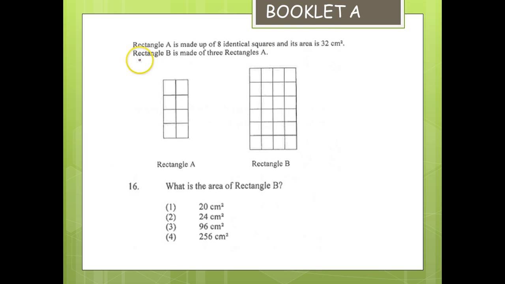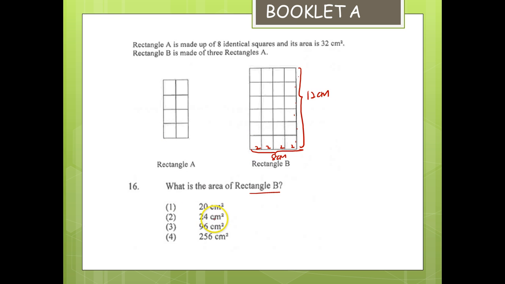Now I need to find the area of rectangle B. So to find the area of rectangle B, I know each one is 2, 4, 6, 8. So this is 8 cm. This will be 2, 4, 6, 8, 10, 12. 12 cm. Do you know how I get 2?